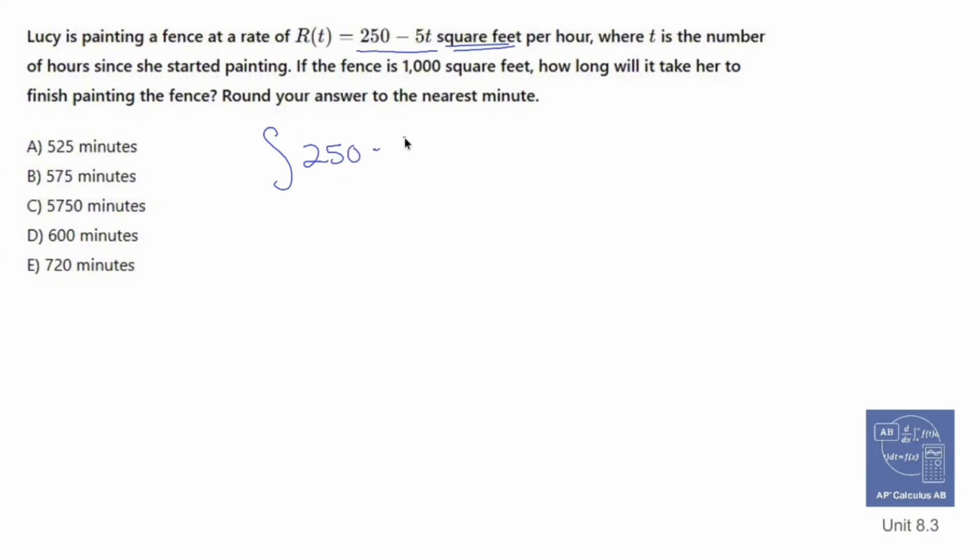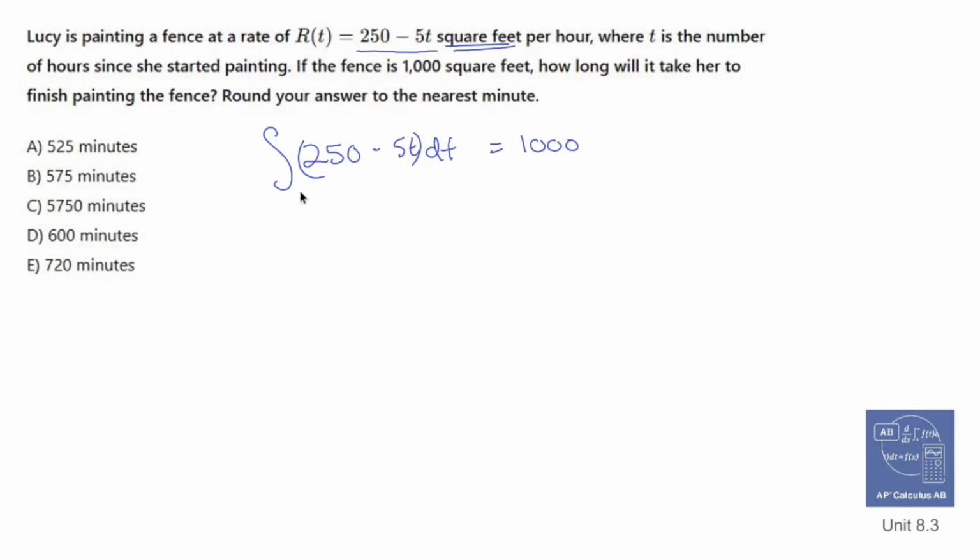So we're going to integrate that. We know that this whole thing is going to equal 1,000. So the integral of the rate is going to give me what is covered, knowing very well that it's got to equal 1,000. I don't have an initial condition, except that I do know it's 0.